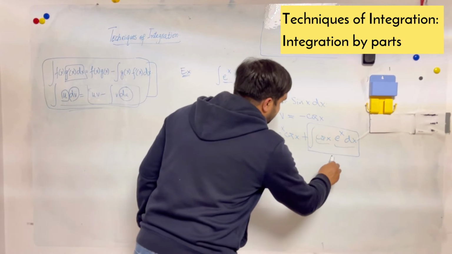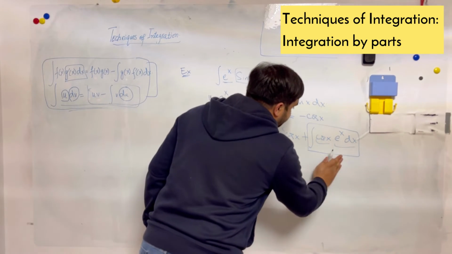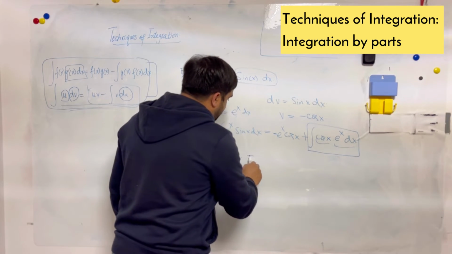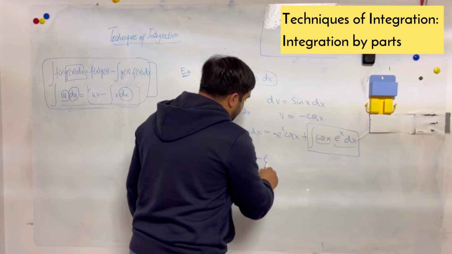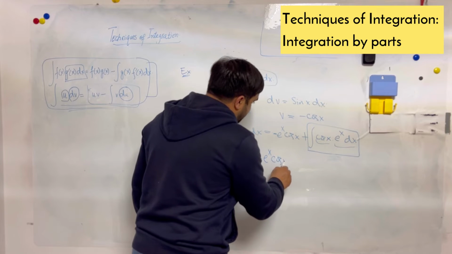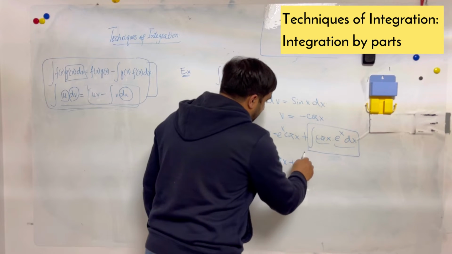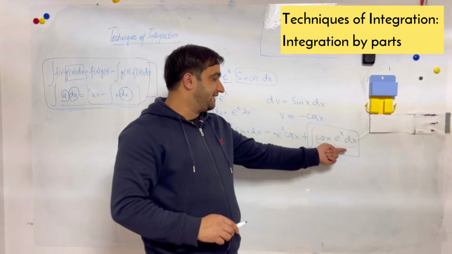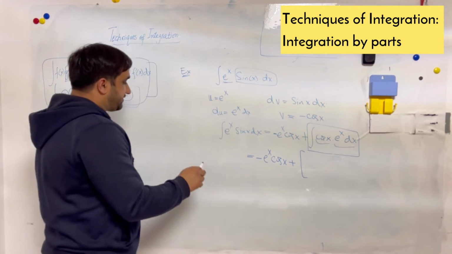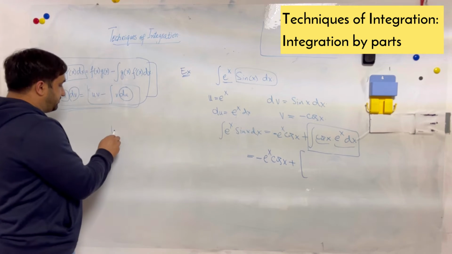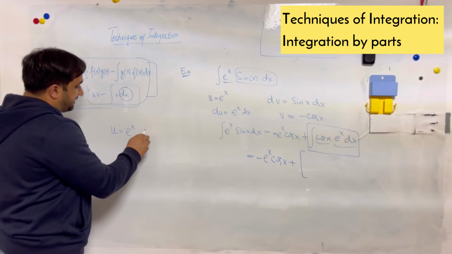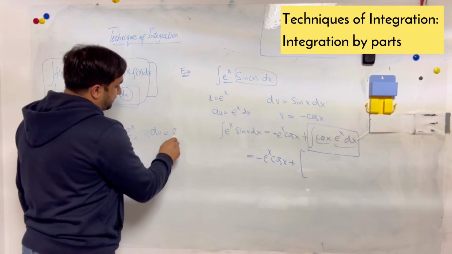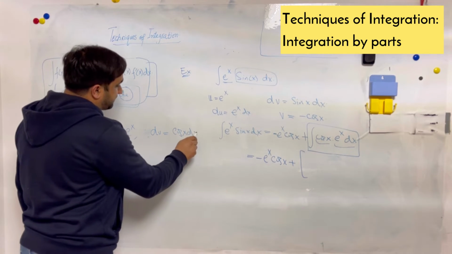So I'm saying this is I1. Let us solve it here directly. So this becomes minus e power x cos x, and now let us apply the formula of integration by parts, and we are assuming that u is equal to e power x and dv is equal to cos x dx.